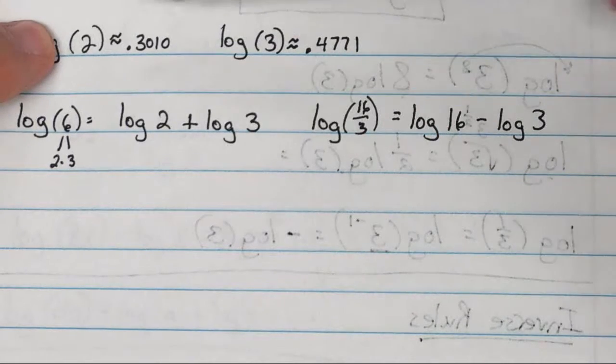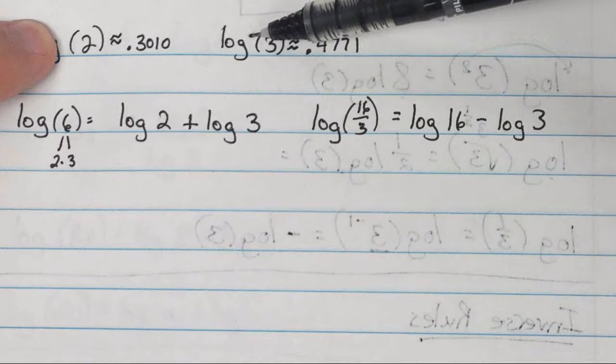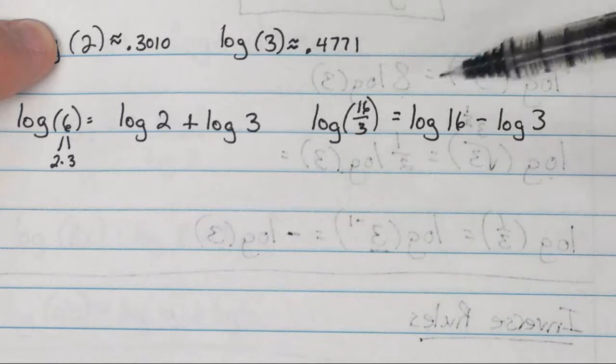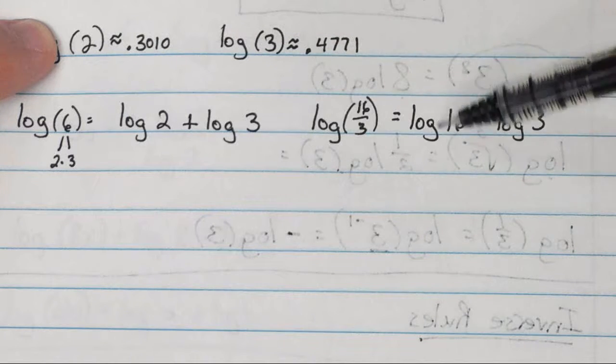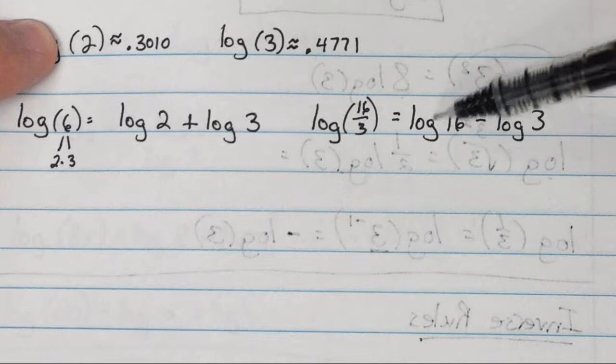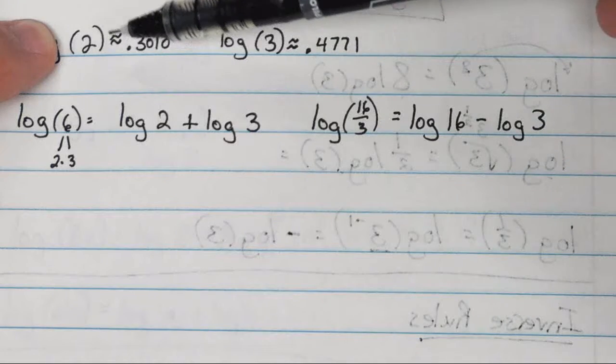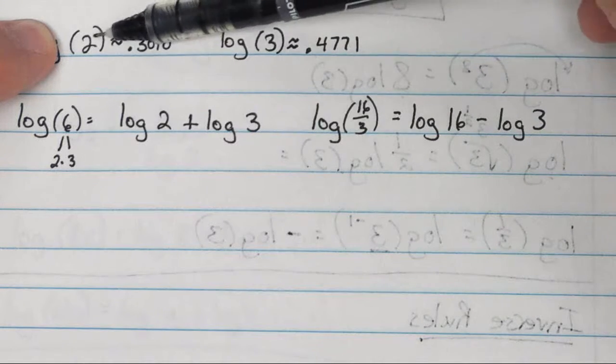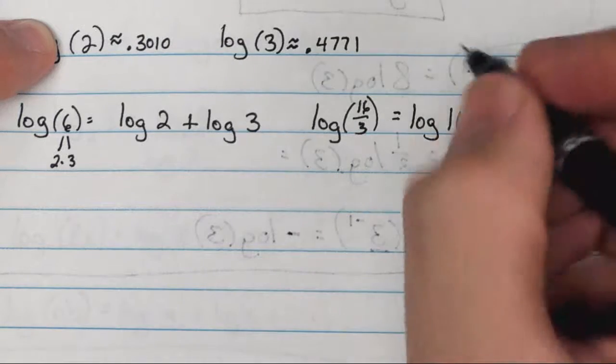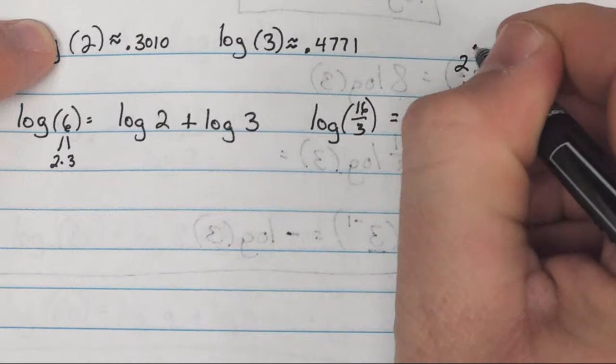Because 2 times 2 times 3, that's 12. 3 times 3 is 9. 3 times 3 times 3 is 27. Using products or quotients, I need a 16. 2 times 2 is 4, times 2 is 8, times 2 is 16. This is actually 2 to the 4th power.